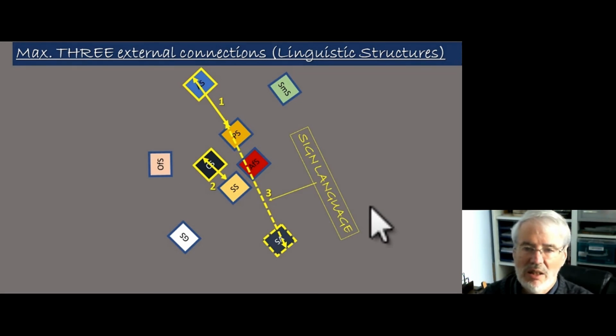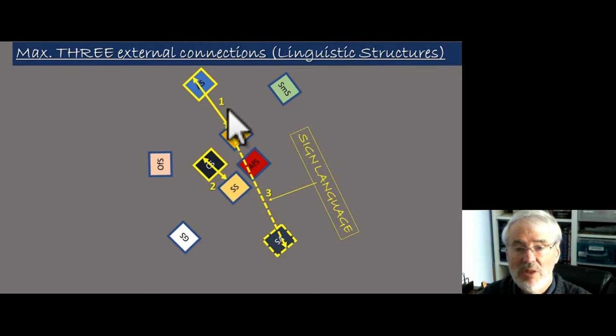So, let's now look at the two linguistic systems again. There they are, the yellow ones, and they are remarkably badly connected with other parts of the outside world. They are connected with the conceptual system, but first and foremost, of course, they're connected with the auditory system and the visual system if you're a sign language speaker, and that connects up with the phonological system.